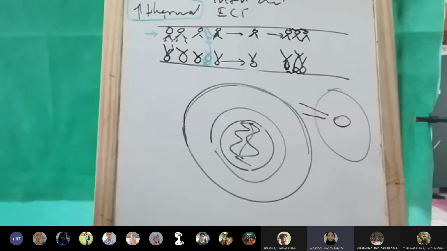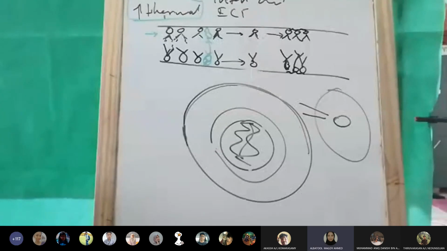Doctor? Yes. For the lipids part, temperature, do you mean the external environment temperature or the body temperature? When you talk about unicellular organisms, they depend on the external environment temperature. But if you are multicellular, then you depend on the internal environment temperature.